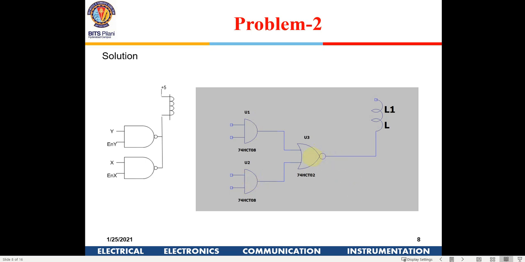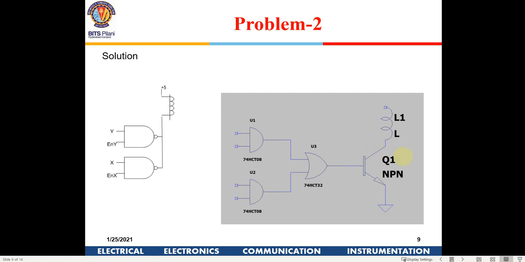Any TTL gate or even a microprocessor cannot directly drive an inductor, so you will have to have an interface unit. In those cases, what we do is you have two inputs, and then you have an OR gate, then you put a transistor.